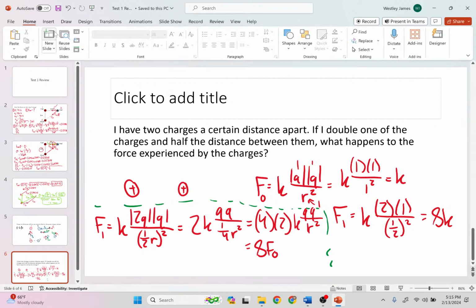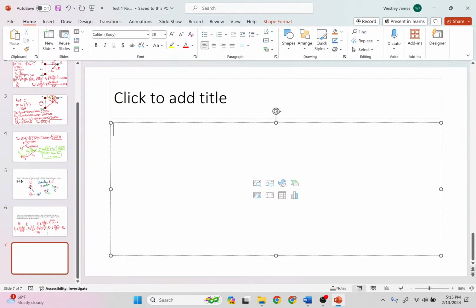All right. A proton is placed in a potential difference of, give me a number. 340 volts. Perfect.